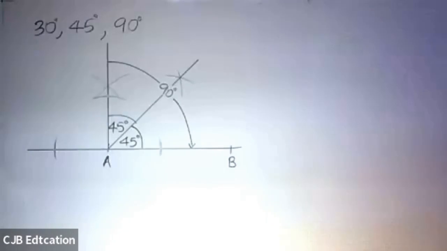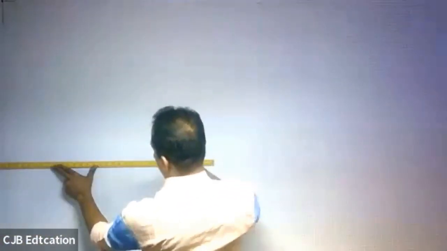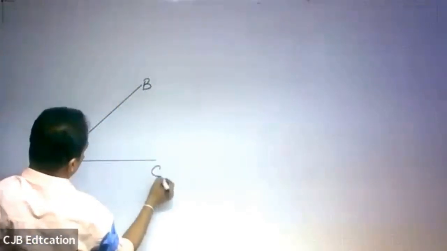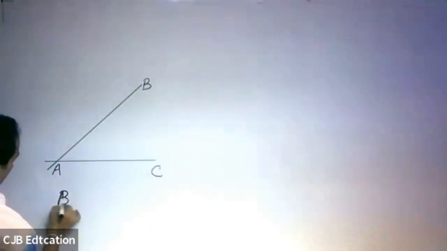Right, so better for this one also. Copying the given angle. Right? So if they are given ABC angle, we can draw one example angle. We say ABC, then BAC angle.